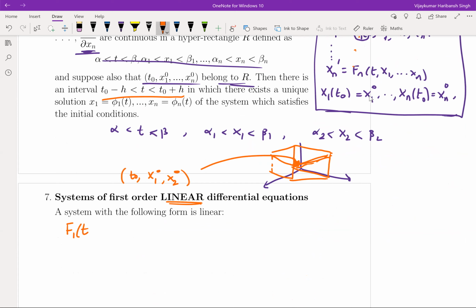Okay, so how does a function which is linear, say f1 of t, x1 all the way until xn, how will it look?